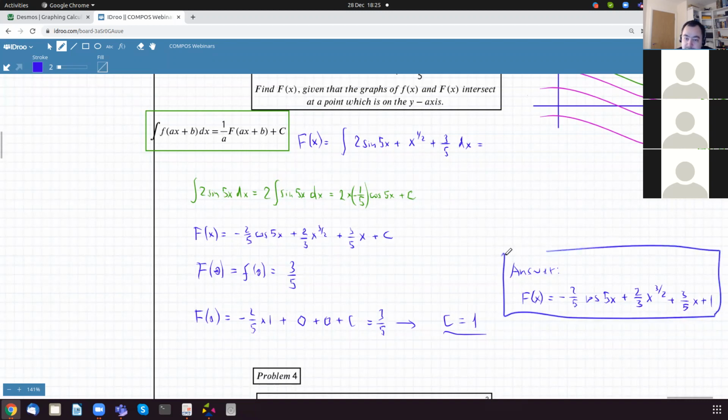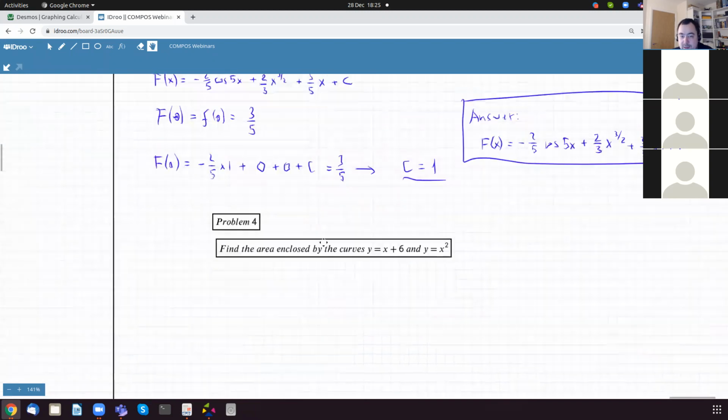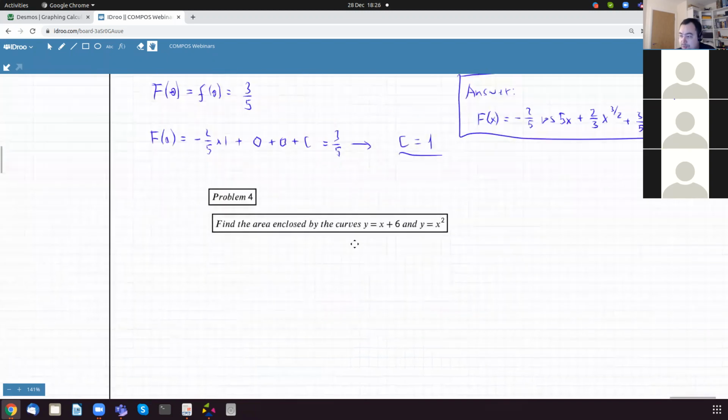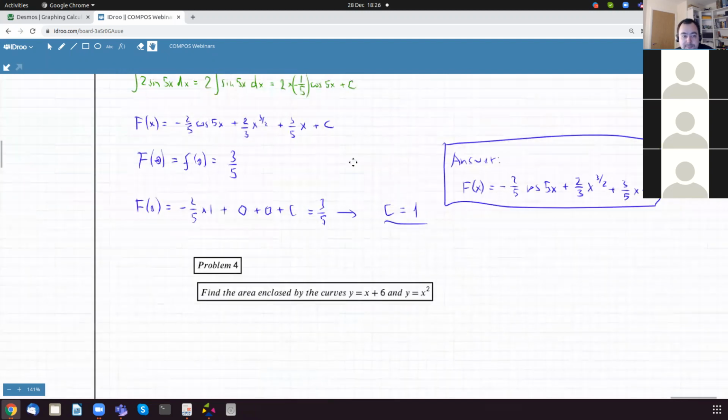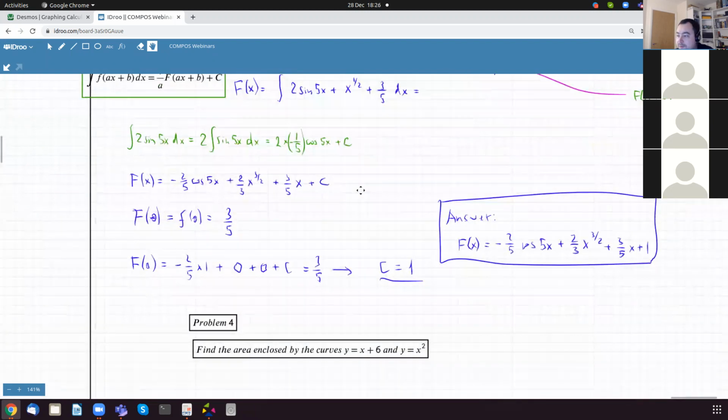The capital F of x is the default notation. So if you see that, you can safely assume that it is the antiderivative. It's not the integral. F of x is not the integral.